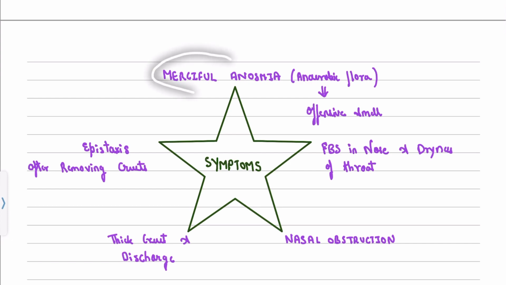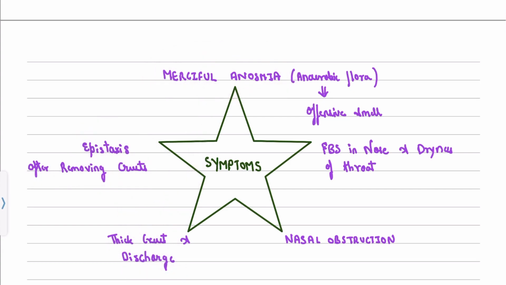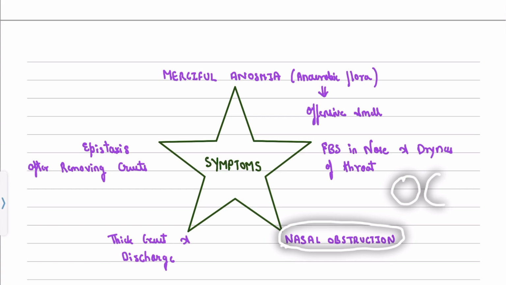Along with merciful anosmia, we have thick crusting and discharge from the nasal cavity, and when we remove this crust from the nasal cavity, there is bleeding, which is referred to as epistaxis. There is also nasal obstruction, but initially I mentioned the characteristic of atrophic rhinitis that the nostrils or nasal cavity are roomy.